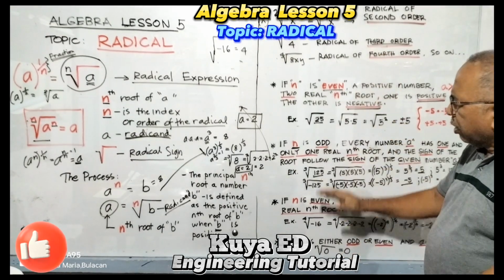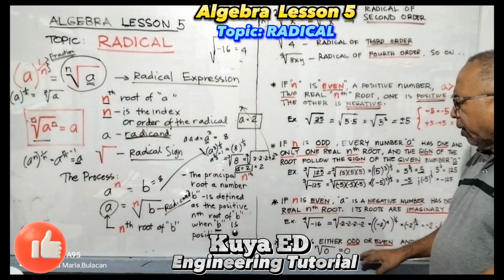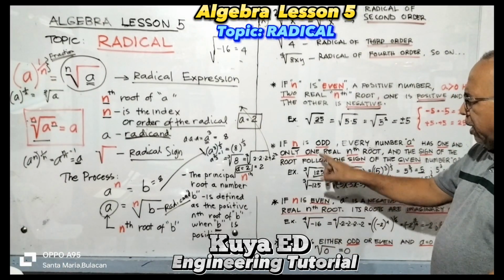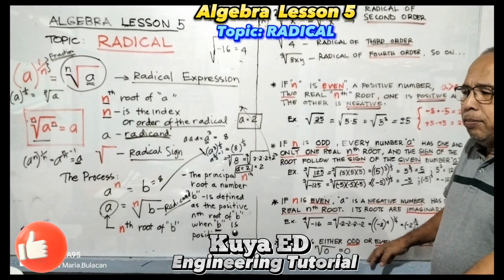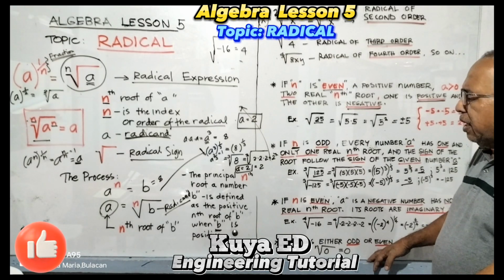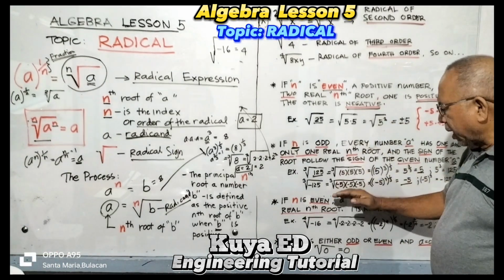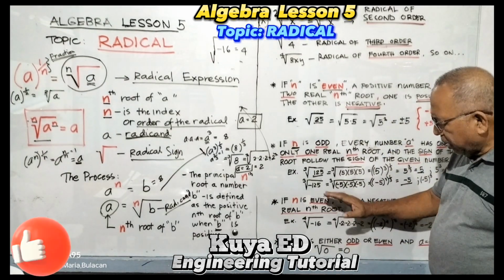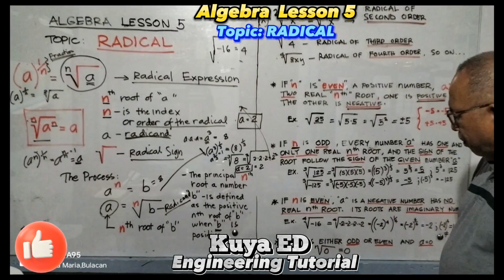Maintindihan ninyo yung mga rules. Hindi siya pwede pag negative, pero pwede ang negative pagka-odd yung ating base or pinaka-radical at ang ating index ay dapat odd din. Pwede daw yun, miski may negative. Pero pag even, hindi pwede pag may negative.